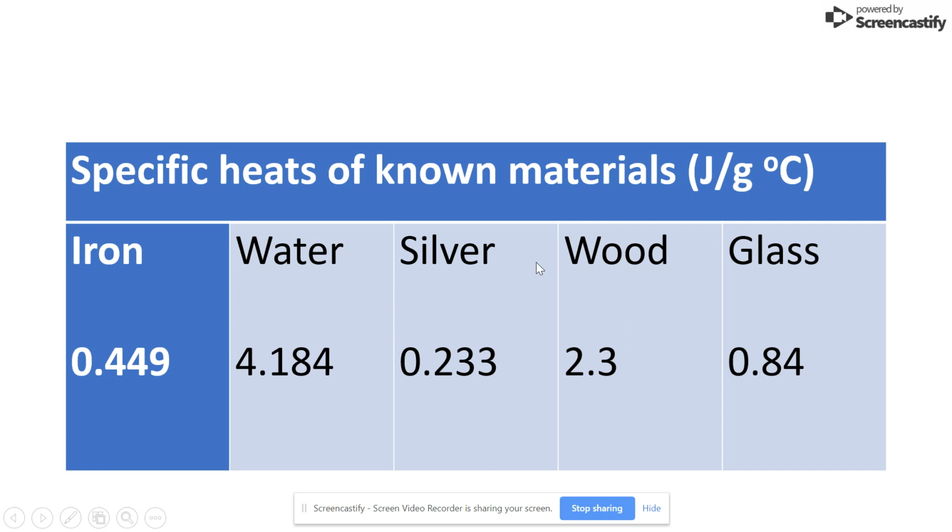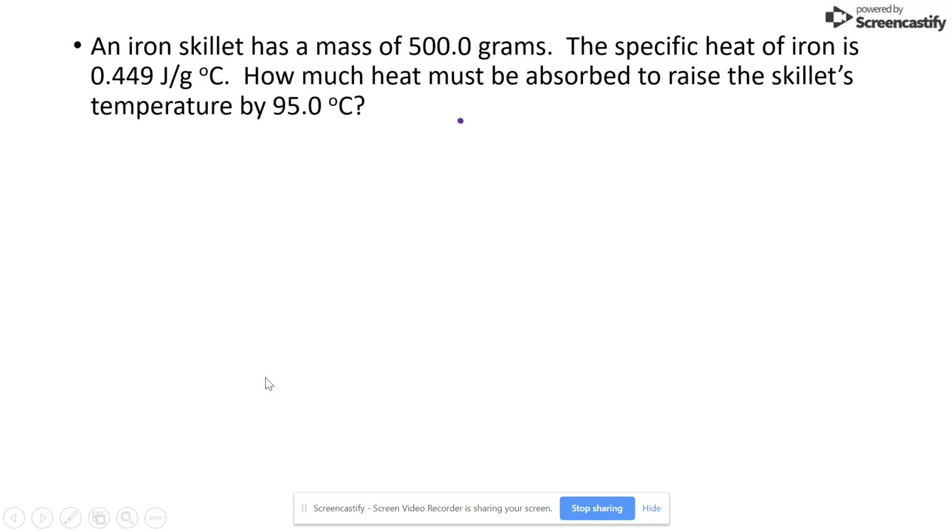Metals like iron and silver have a very low specific heat, so it takes very little energy to increase their temperature. Unlike water, wood, and glass. These are your non-metals, and so they take more heat to raise the temperature. Water is a fairly good insulator.